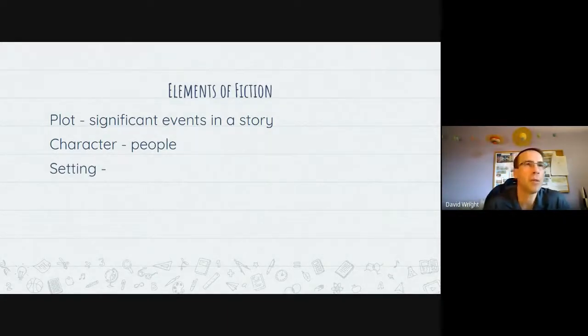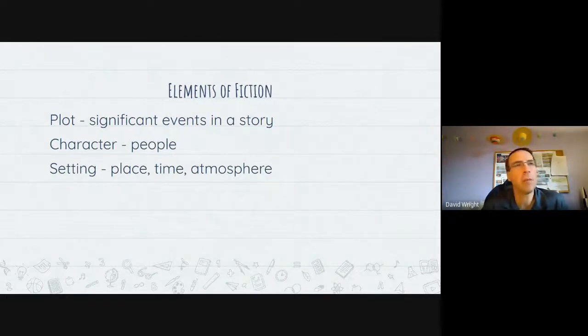The third element is setting. Setting you might think of as place, but really it's the time, the place, and the atmosphere. Many people just write about, oh, well, it takes place in Vancouver, but that's not enough. We need to know when, in the past, present, or future, and also the atmosphere that's created by that setting.